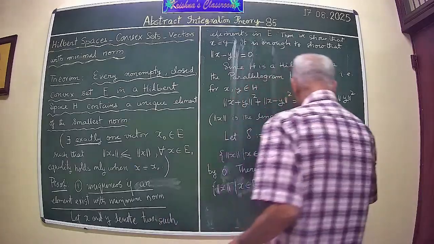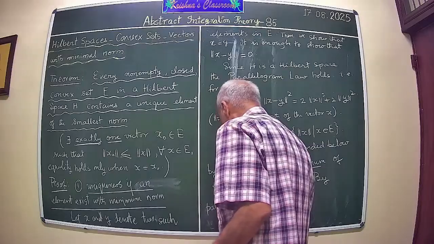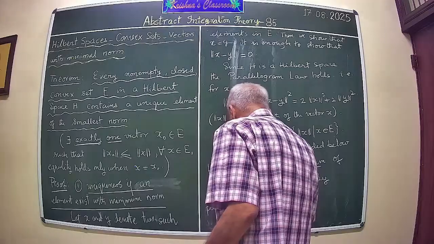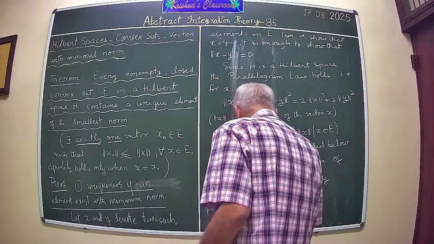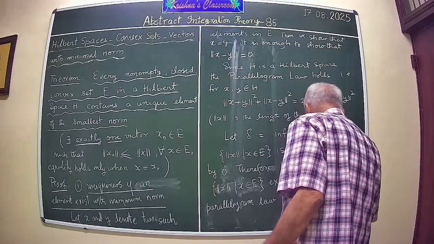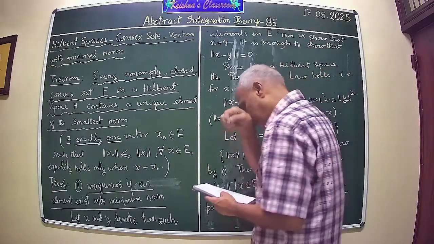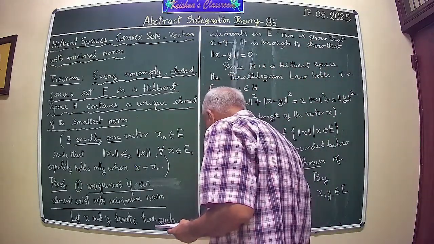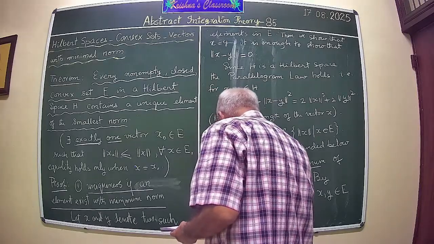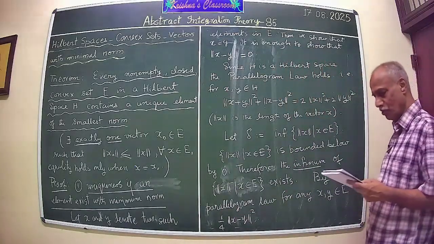So by the parallelogram law, for any x and y belonging to E, you have 1 by 4 norm of x minus y squared. This is the estimate that we want. We want to show that this is in fact equal to 0 under the minimal condition.